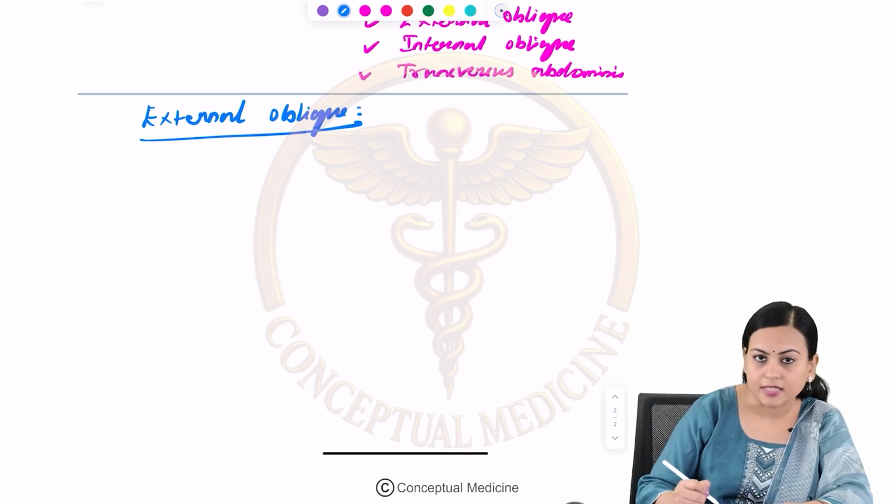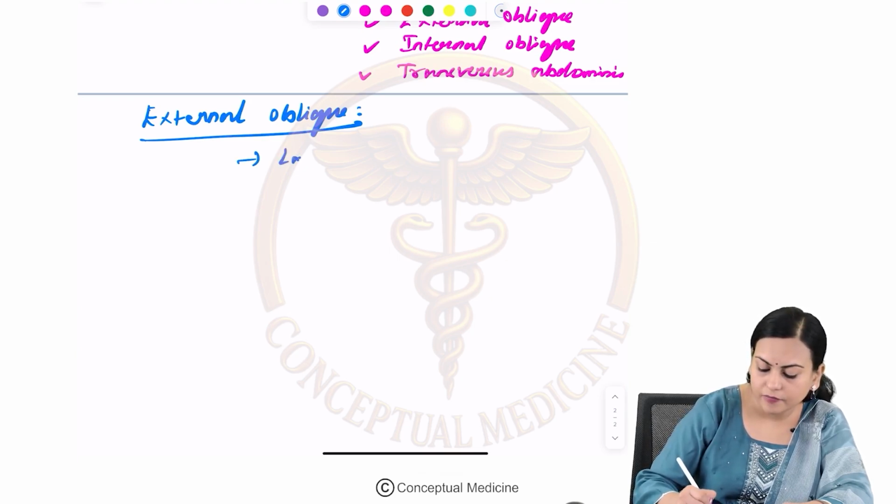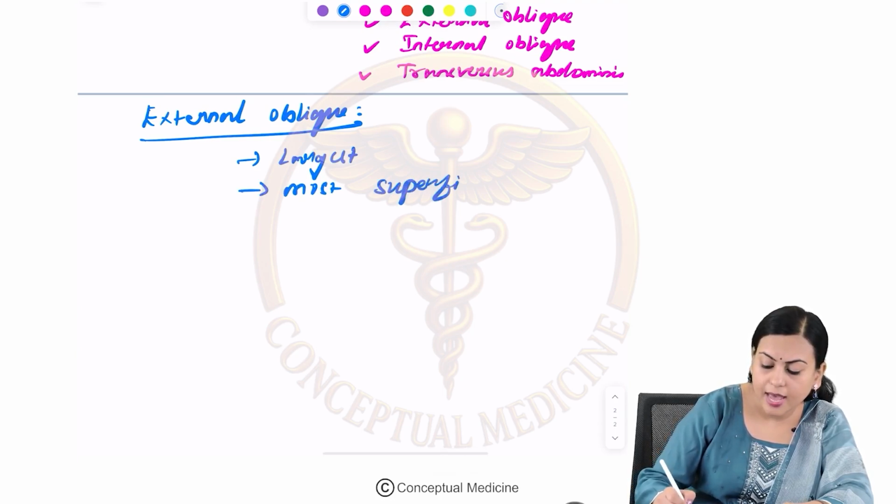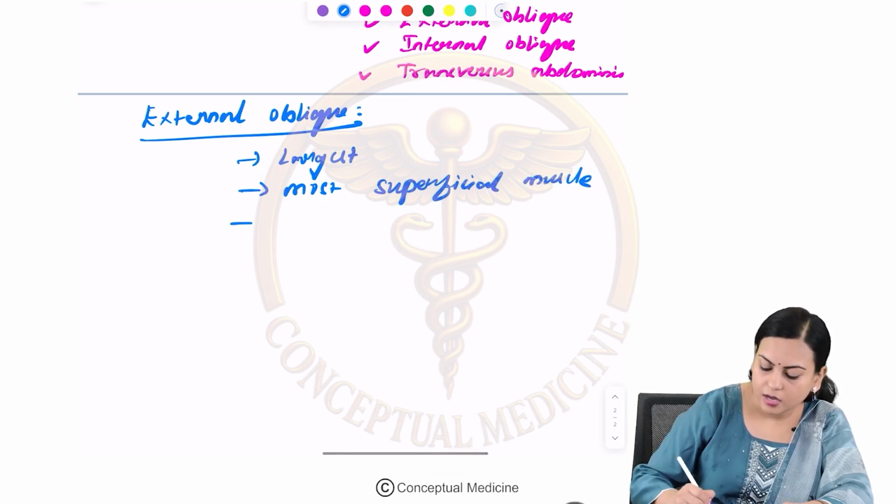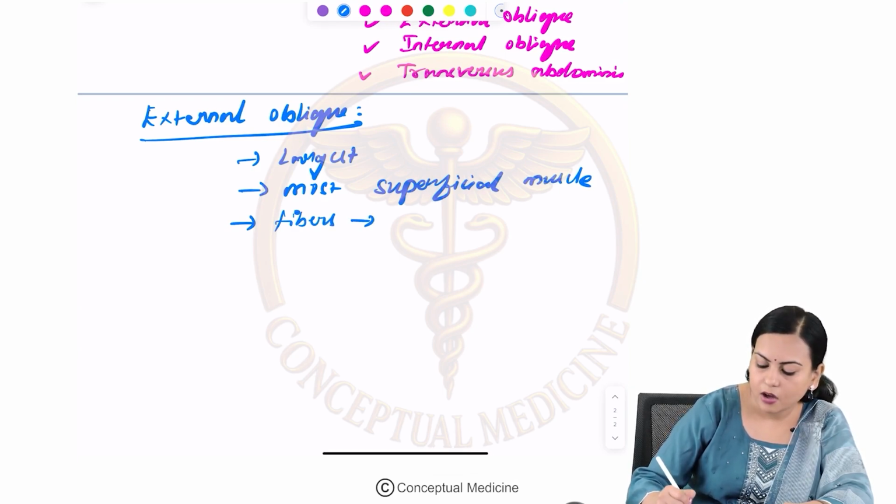Now coming to the first muscle, that is the external oblique. External oblique is the largest and the most superficial muscle you will see in the anterior abdominal wall. How the fibers are oriented in the external oblique? These fibers are oriented by passing downwards and forwards.